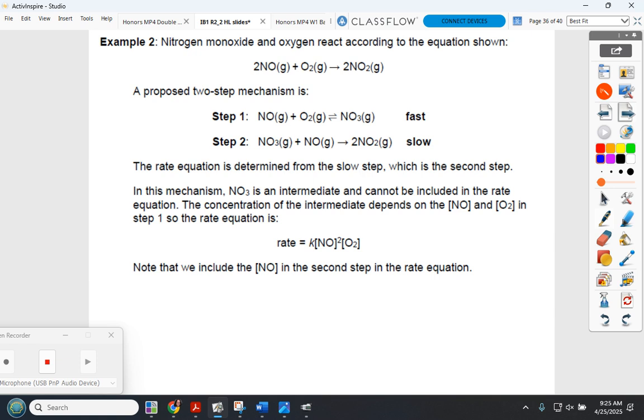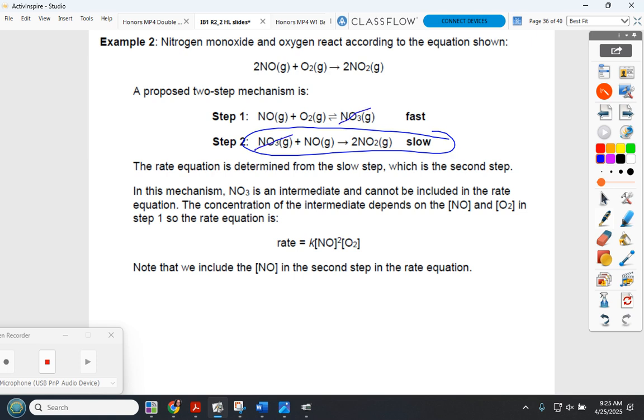So here's an example. This is where the intermediate comes into play. In this case, the second step is our rate limiting step, the slow step. But we're not going to include the intermediate.